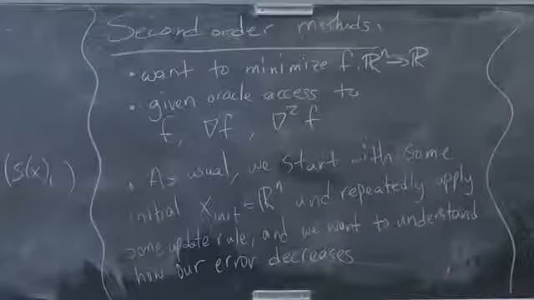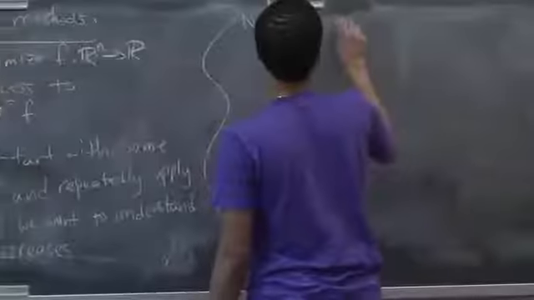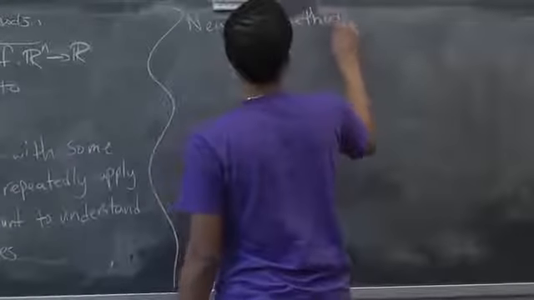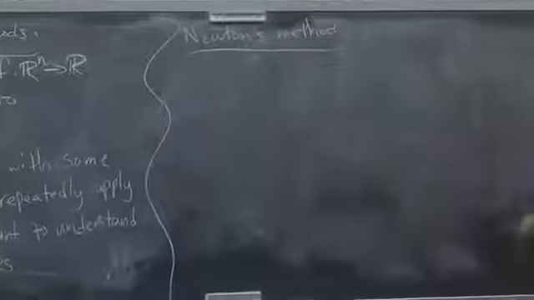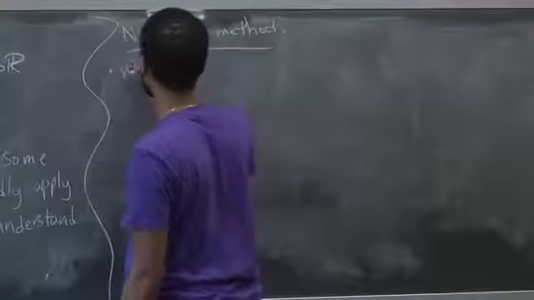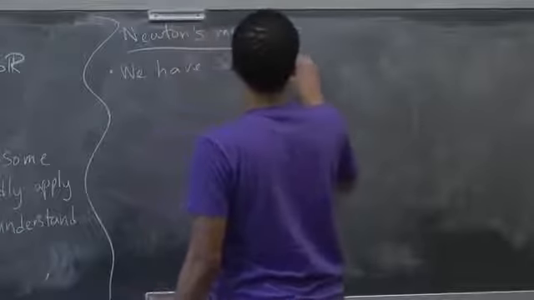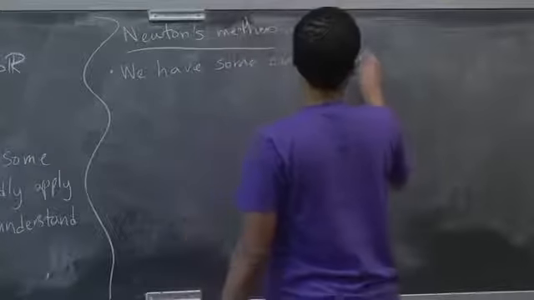So this is Newton's method. We're at some current iterate, so we have some current x0 in R^n.